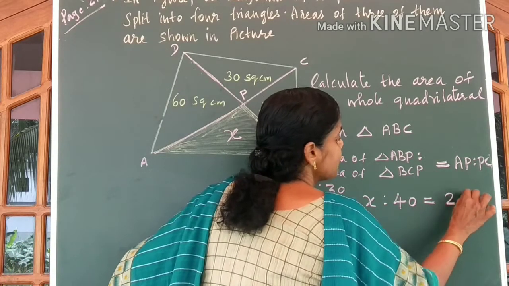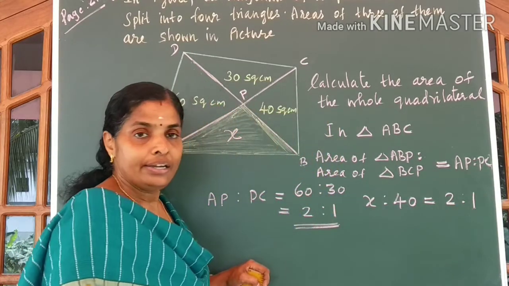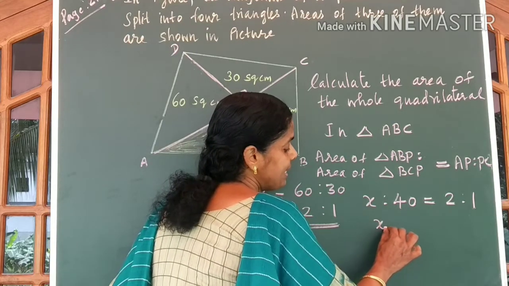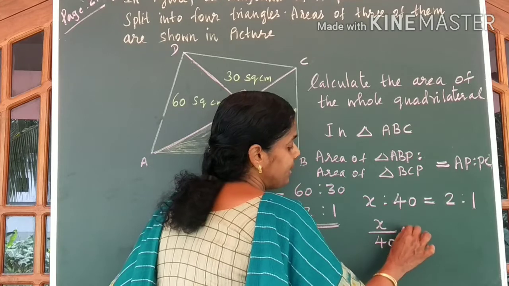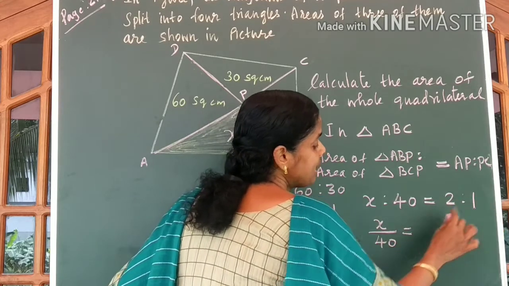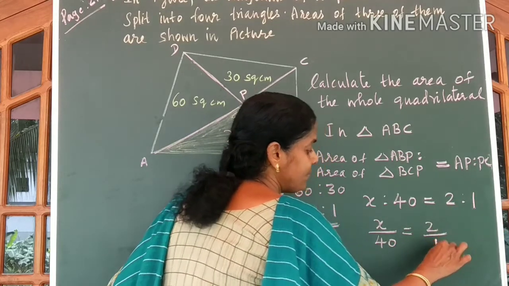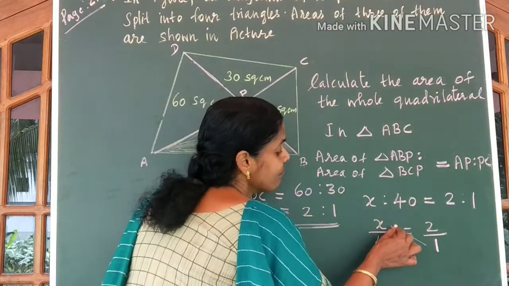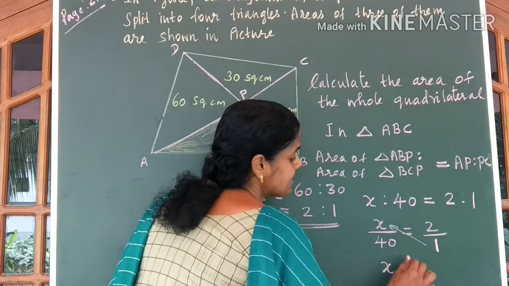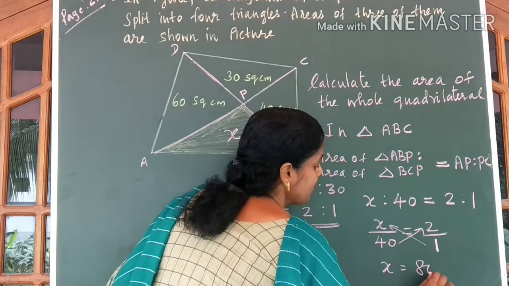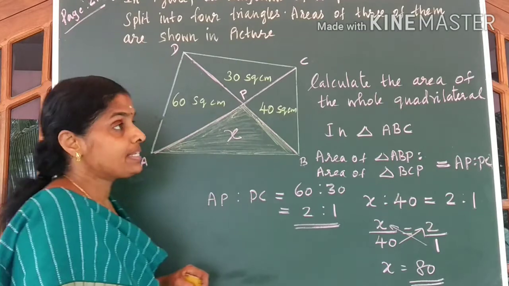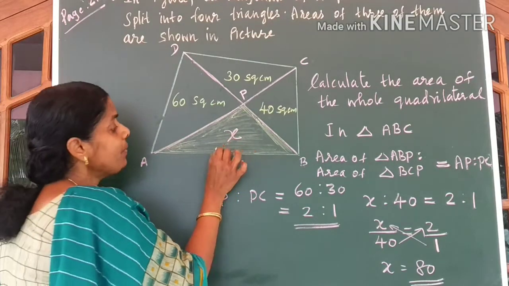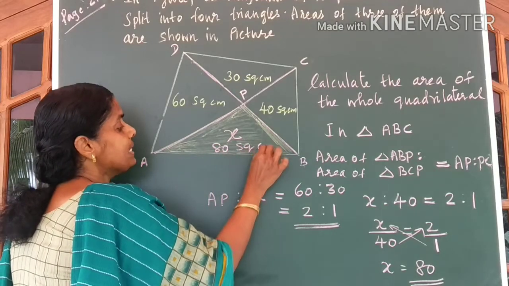So x by 40 is equal to 2 by 1. Just cross multiply now. 1 into x gives you x. 40 into 2 gives you 80. So we can say the area of this part is equal to 80 square centimeter.